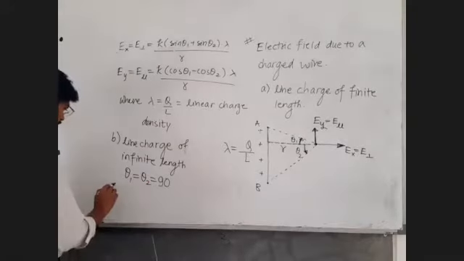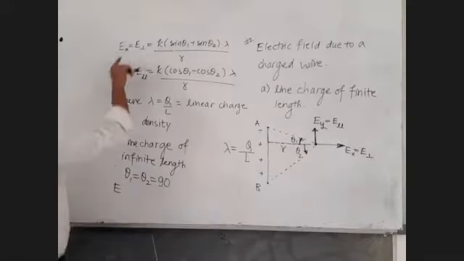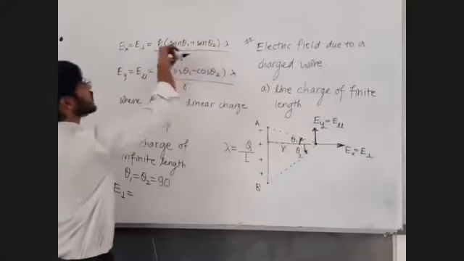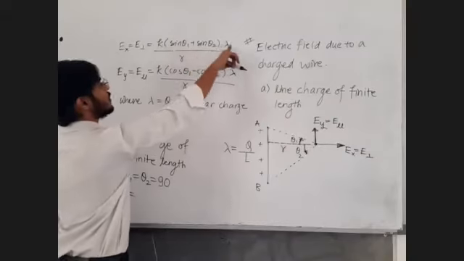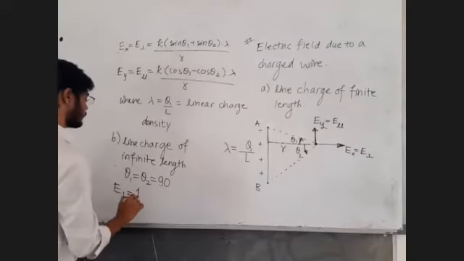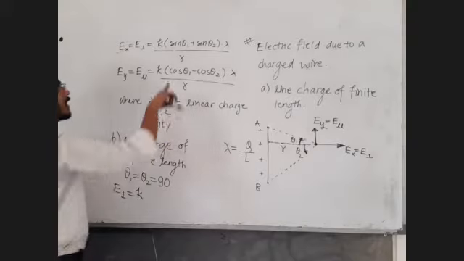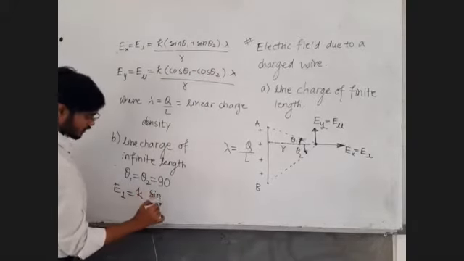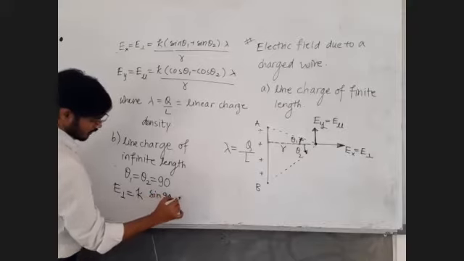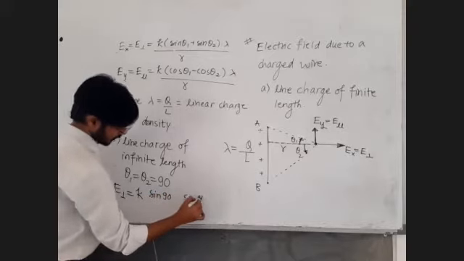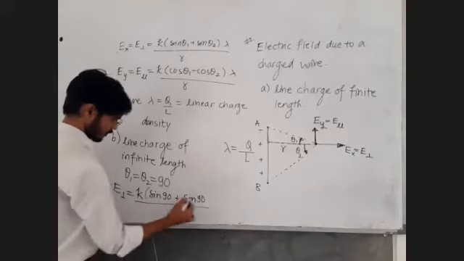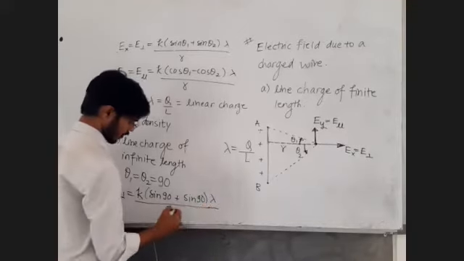Now what is the formula for E perpendicular? K into some value into lambda upon R. For perpendicular we have sine plus. What is that some value? Sine plus sine, 90 plus 90.